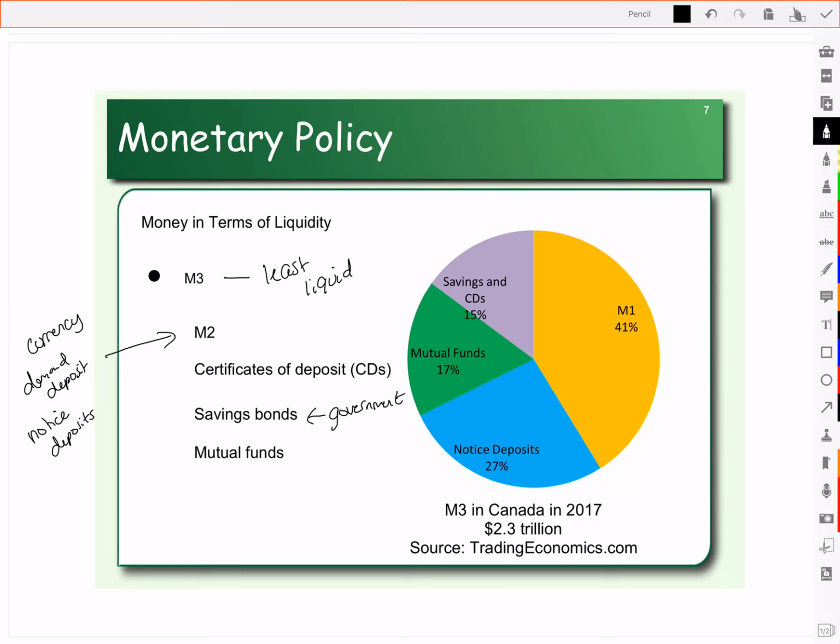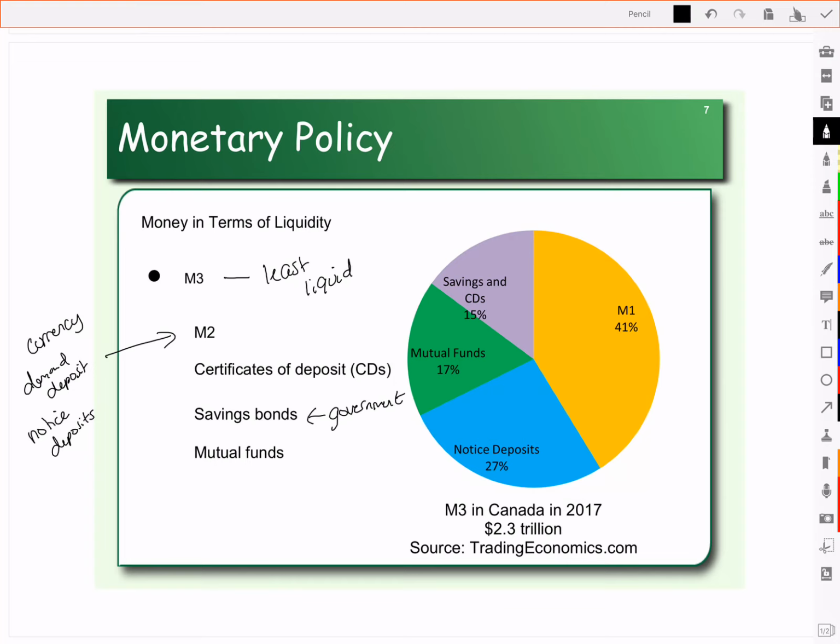If we look at our M3, the total amount of money in our economy, all forms of liquidity, so those that are most liquid, like cash and coins and demand deposits, as well as our notice deposits, that's our savings, as well as mutual funds and CDs, then the total value of our money in the Canadian economy in 2017 was about $2.3 trillion.